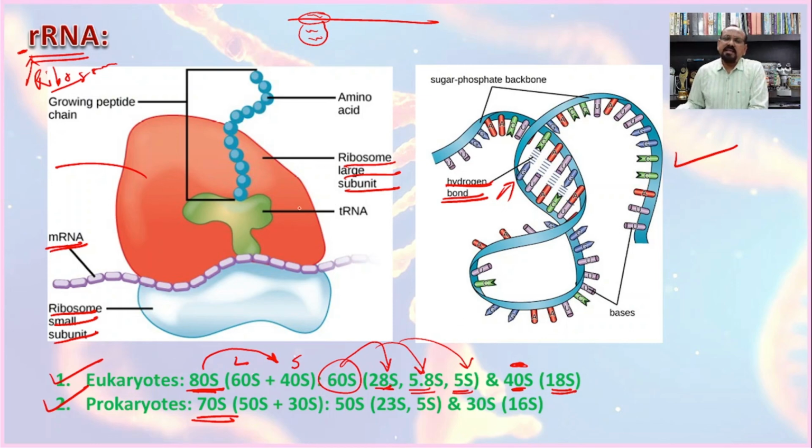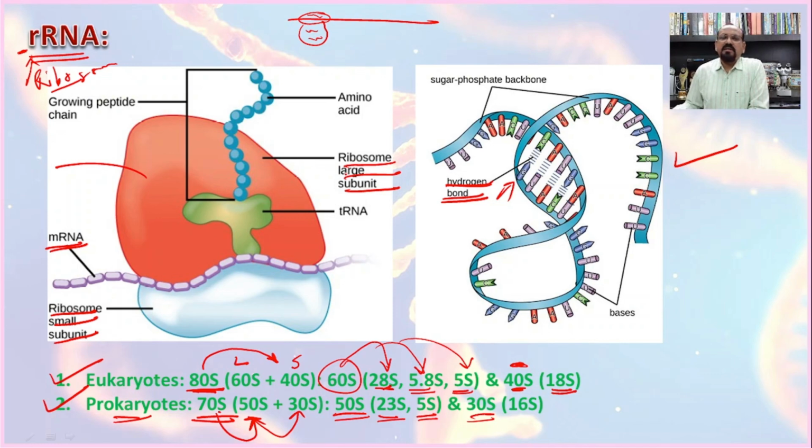Likewise, in prokaryotes there are 70S ribosomes which are made up of two subunits, the larger 50S and the smaller 30S. In the 50S subunit there are two types of rRNA, that is 23S and 5S, while in the smaller subunit, that is 30S, there is 16S rRNA.